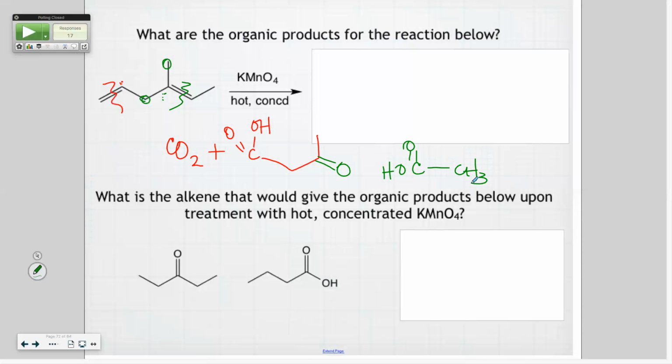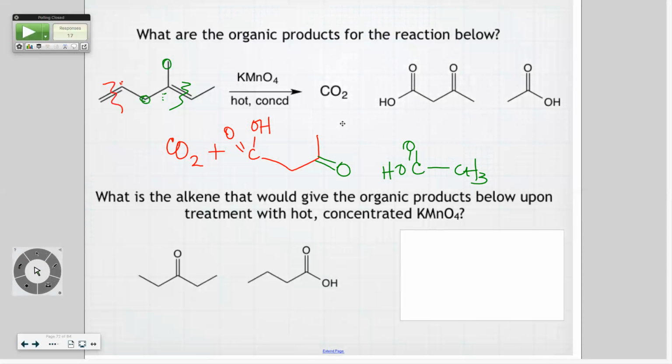Okay, we'll make it look nice. Look at that, isn't that nice and pretty? Notice the number of carbons matches.